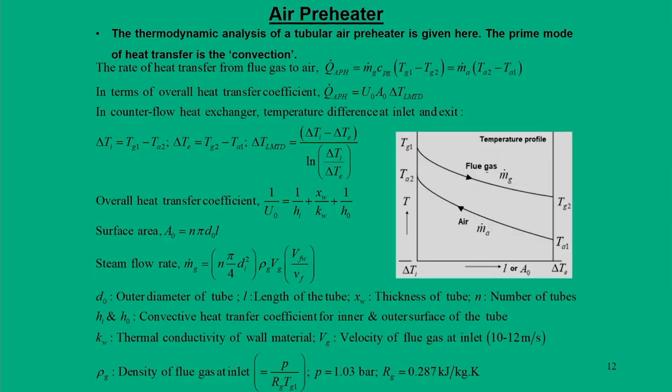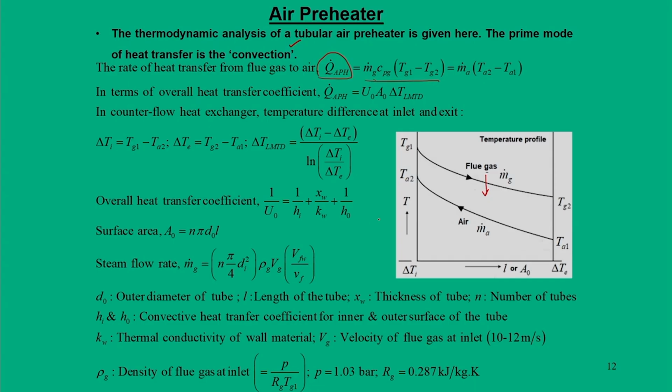The analysis is similar to any heat exchanger unit, which operates with the convection mode of heat transfer. Here we need to do the energy balance first, that is, the heat flow into the air preheater, Q dot APH. The heat rejected from the flue gases is added to the air to increase its temperature from TA1 to TA2.